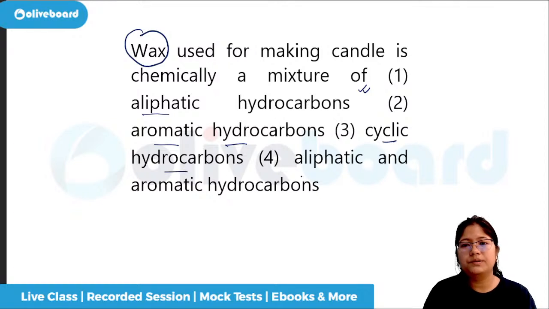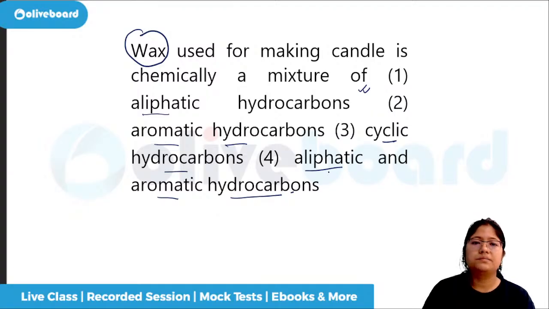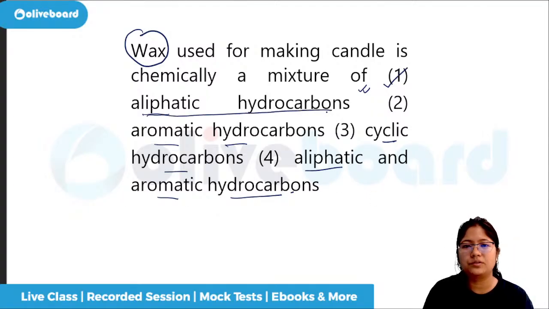Cyclic hydrocarbons or aliphatic and aromatic hydrocarbons. So when plain wax is there, for fragrance they will also mix the aroma, but that is a different thing. So wax is aliphatic hydrocarbons. All right, we will go with option number 1, aliphatic hydrocarbons.